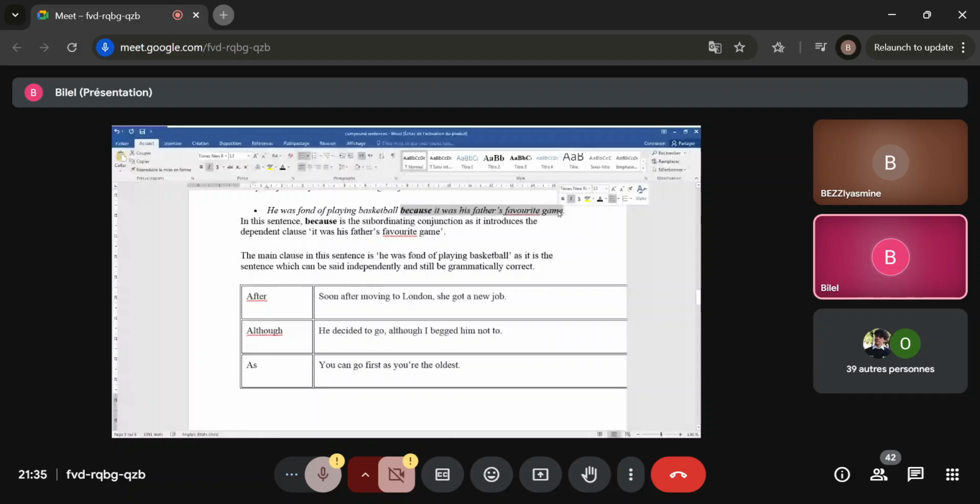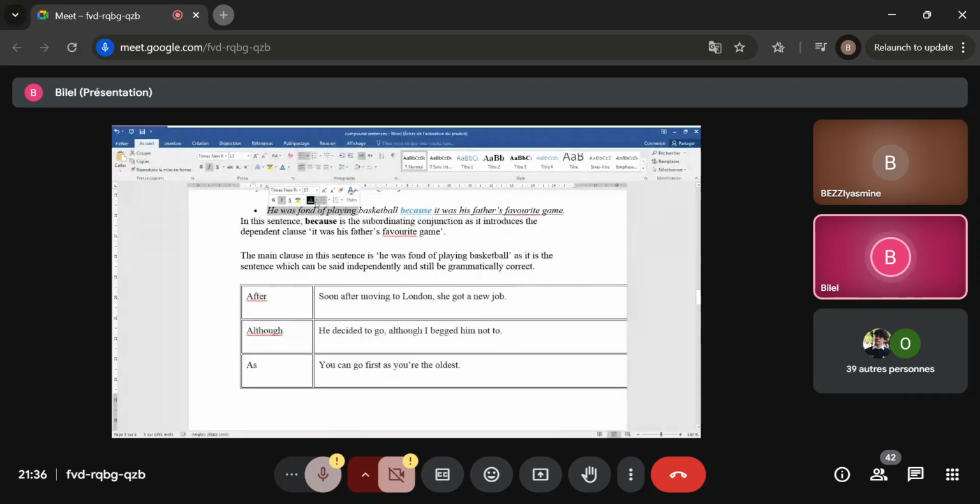I'm going to underline it, this one, and I'm going to highlight, or no, use this color, blue. This is the subordinating conjunction and all of that part is the dependent clause, whereas this part is the independent clause.